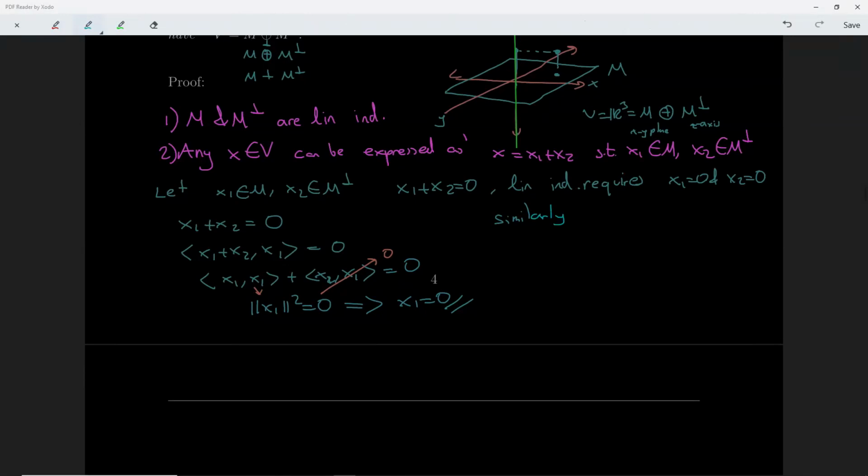So let's save this one and continue similarly. Instead, I just take the inner product of this zero vector with x1. Now if I compute the inner product of x1 plus x2 with x2, since x1 plus x2 is equal to 0, that will again be equal to 0, right? And from there, you can show that x2 is also equal to 0.